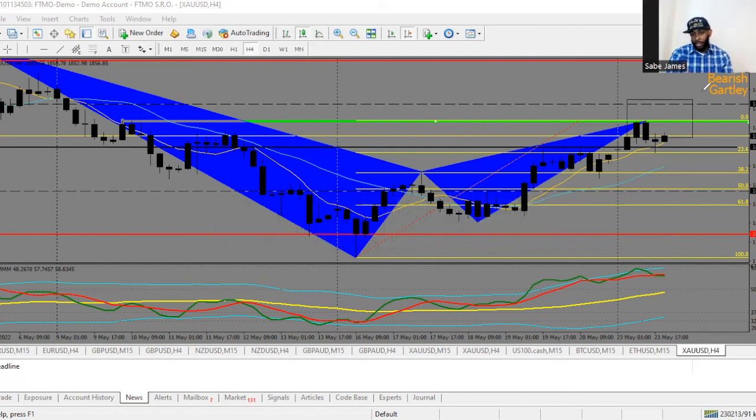So there's midway points and there's halfway points and there's quarters that you see price respects. Can't make it any plainer than this. Price respects your quarters.